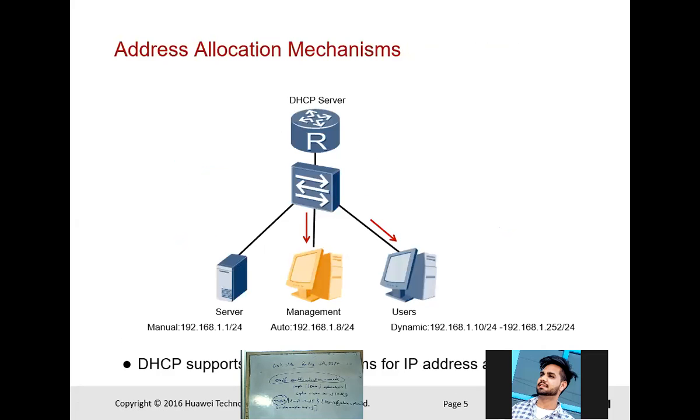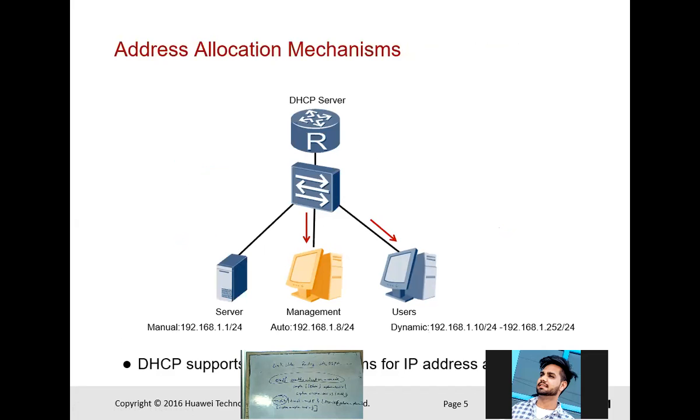Then after that is the address allocation mechanism. The address allocation mechanism is based upon the DHCP server. Basically there are three types: manual, automatic and dynamic.